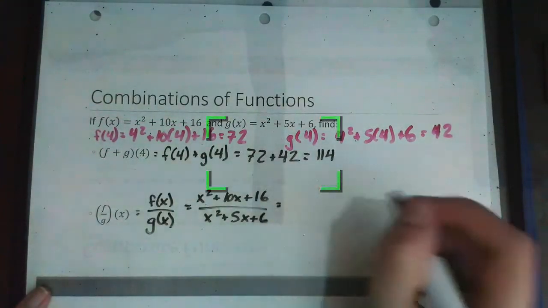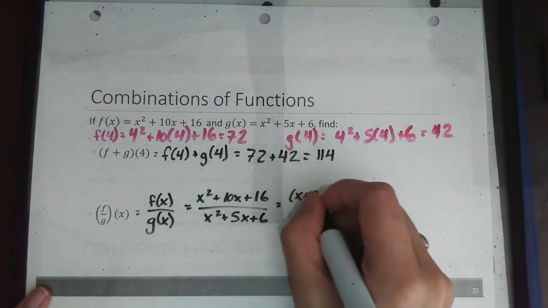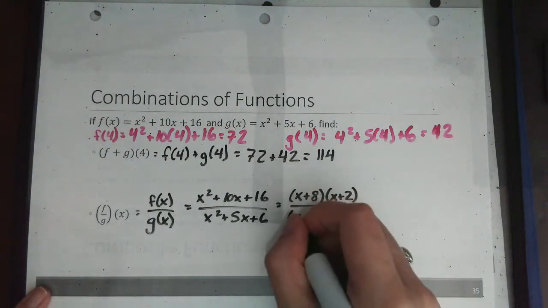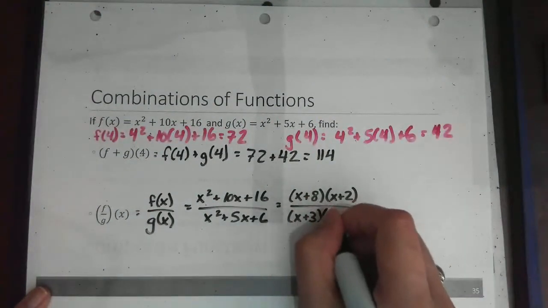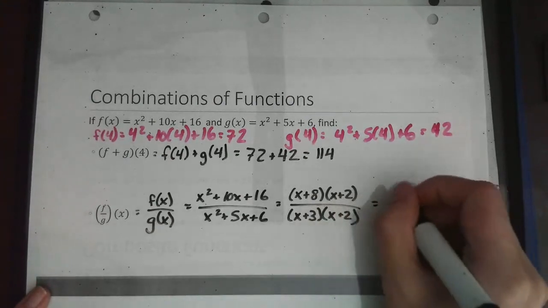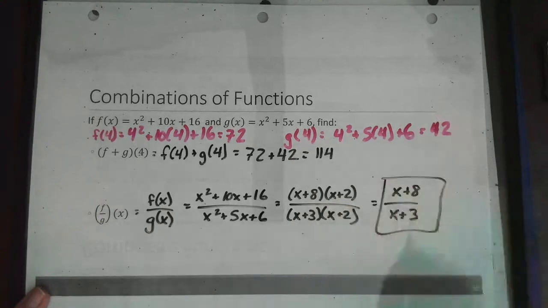So I'm going to factor these and see if anything reduces. My numerator is going to factor into x plus 8 times x plus 2. My denominator is going to factor into x plus 3 times x plus 2. The x plus 2's divide out, and I'm left with x plus 8 over x plus 3. That is the simplified version of f over g of x.